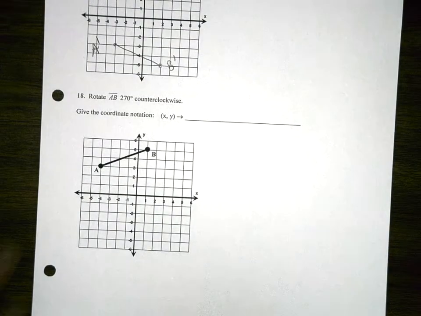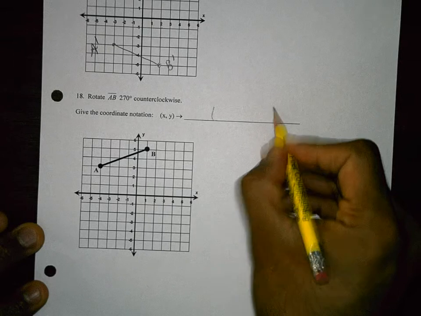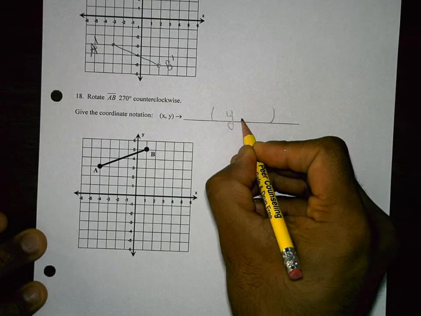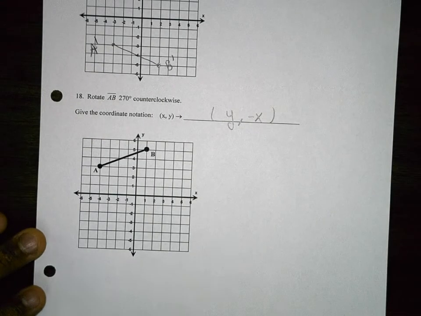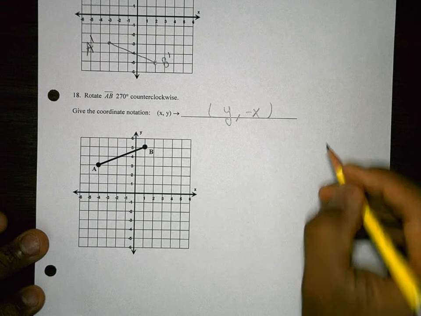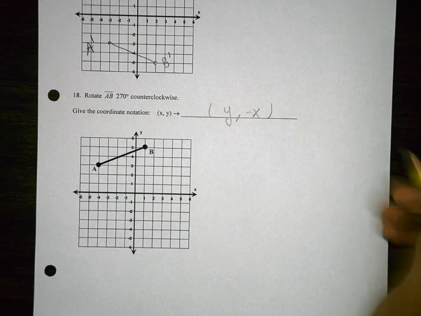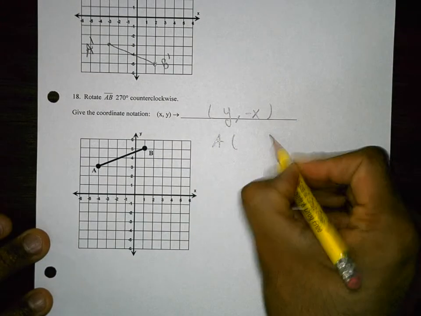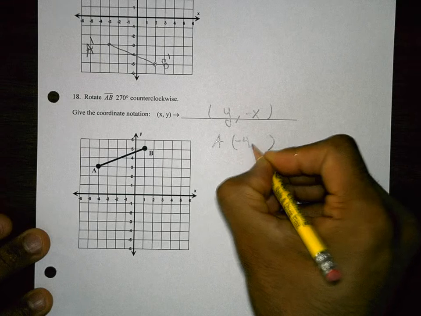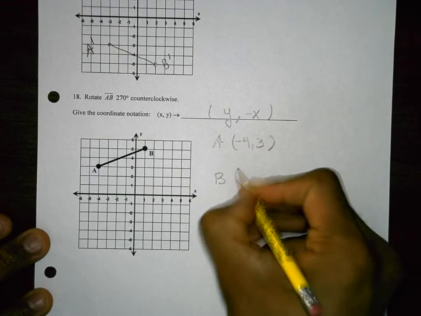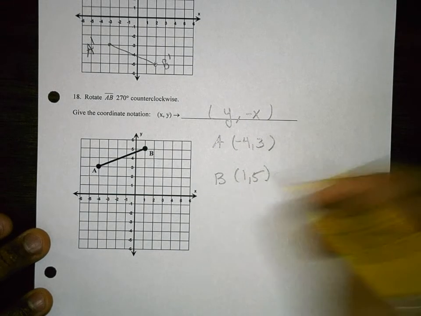Rotate 270. So if you remember the rule for 270, you take each point, switch the x and the y, and make the x value negative, or change its sign. This is going to be a little trickier, so I'm going to list the points. A is negative 4, 3. B is 1, 5.